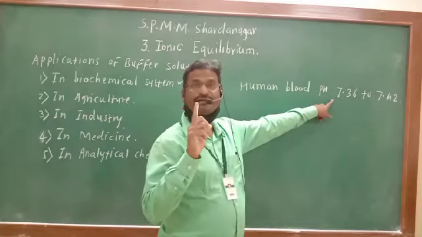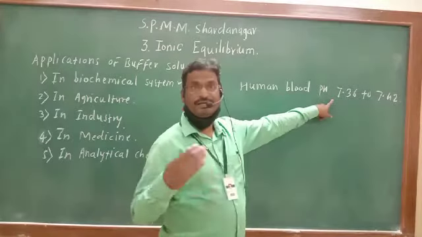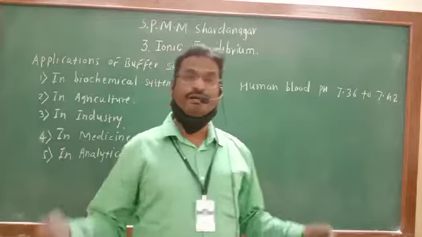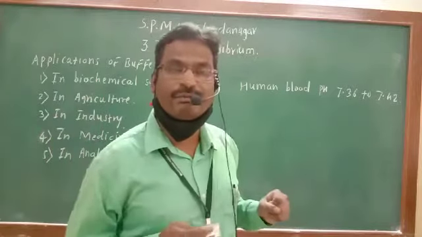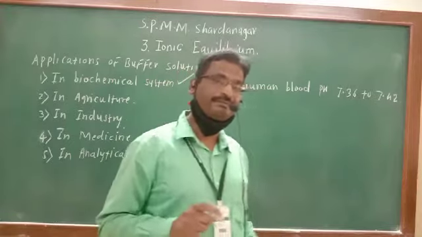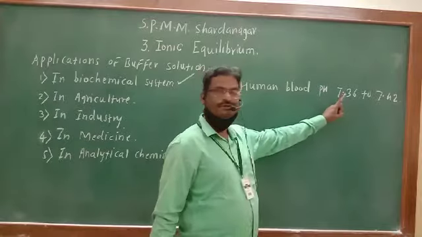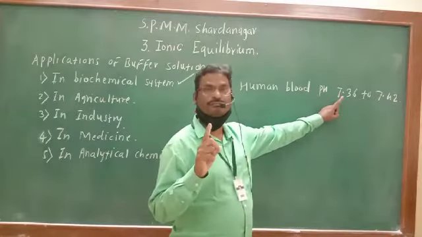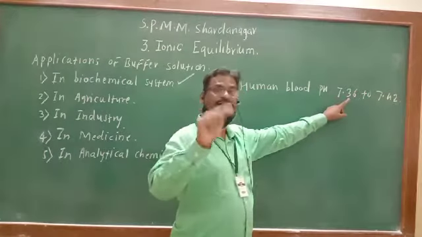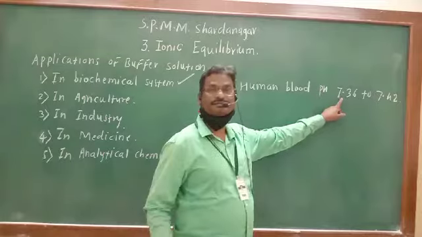This must be maintained to be constant while any treatment is given. For example, whenever intravascular saline is given to the body, that saline must be prepared of that type which should not increase the pH of human blood greater than 7.42, or decrease the pH of human blood less than 7.36.